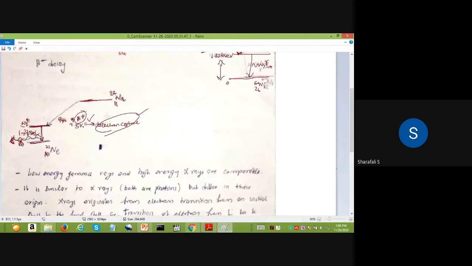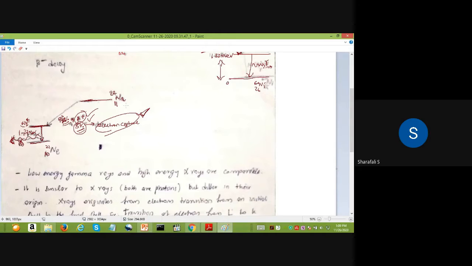Both ways you will end up with the same mass number, and the atomic number is reduced by 1 in both cases. Almost 95 percent of the time it will follow beta plus decay, and 5 percent of those reactions will be through electron capture.